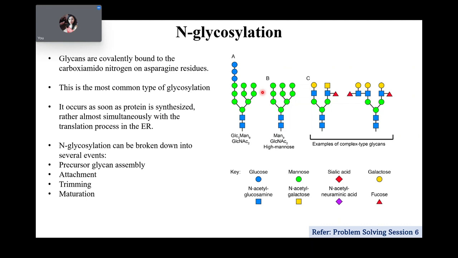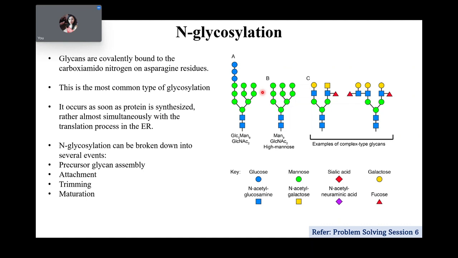And for O-glycosylation, these are mainly common for high molecular weight proteins, generally in mucus secretions or antibodies. Here you have N-acetylgalactosamine, which is transferred to the OH group of the serine or threonine.